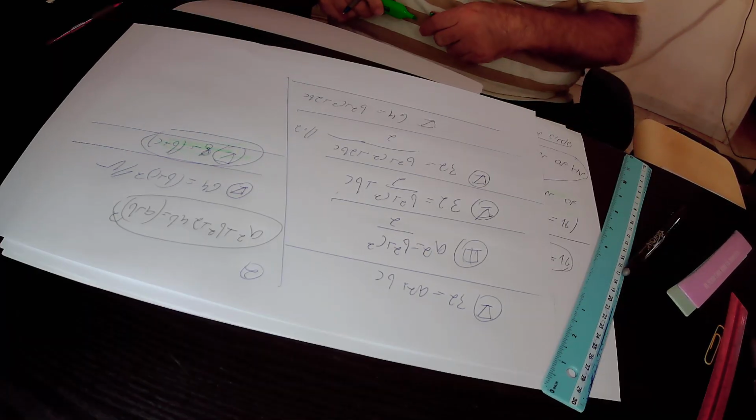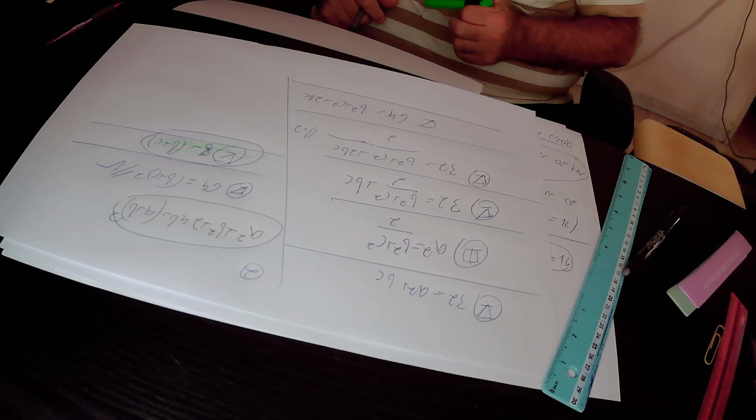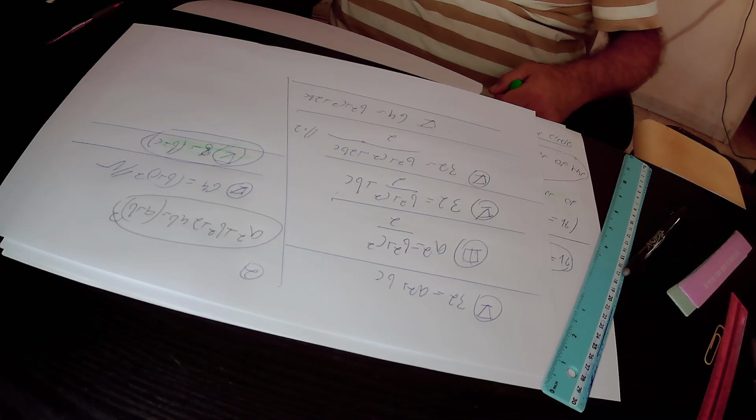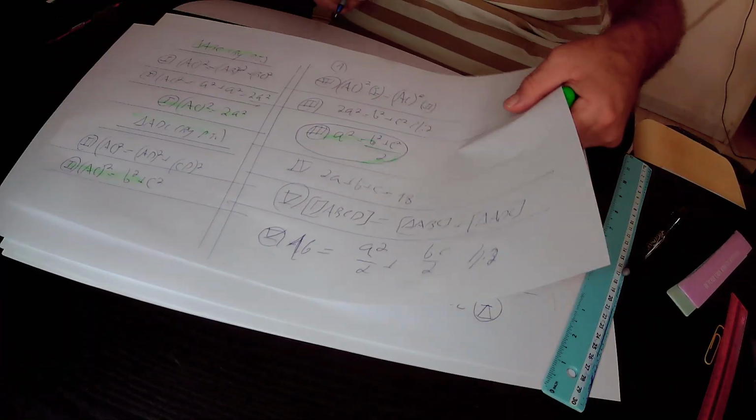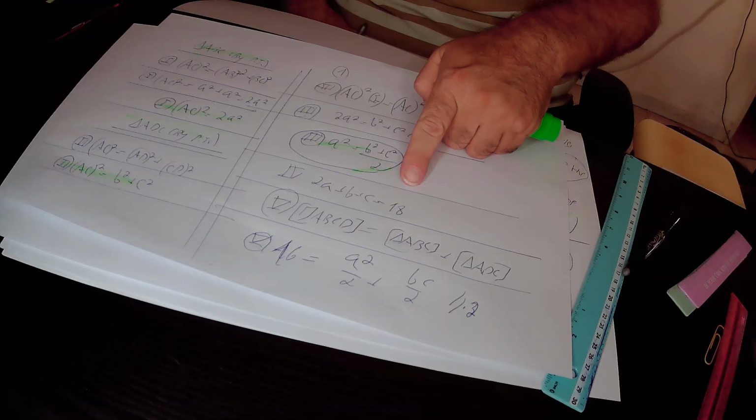While according to equation 4, we found out that 2A plus B plus C equals 18.